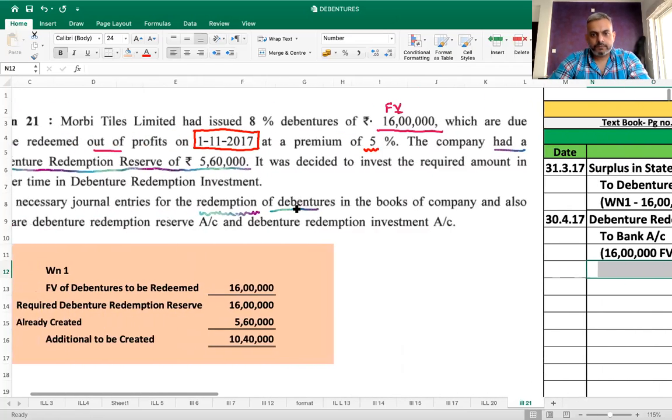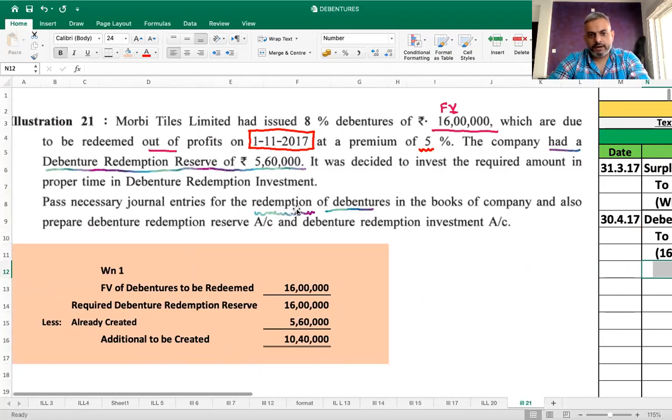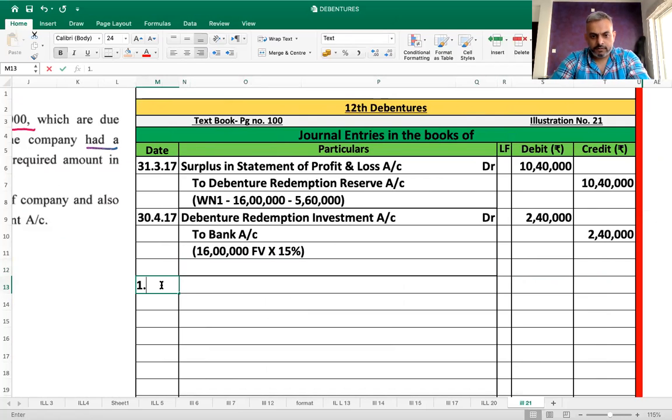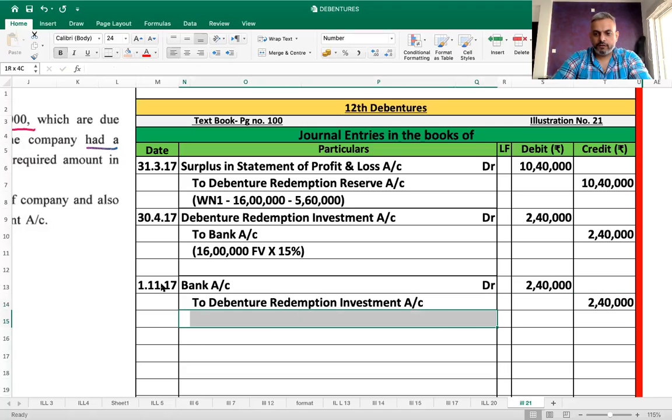Now, what next? On the date of redemption, that is 1/11/2017, let's sell off the investment first. So, bank account debit to debenture redemption investment account, 2,40,000.